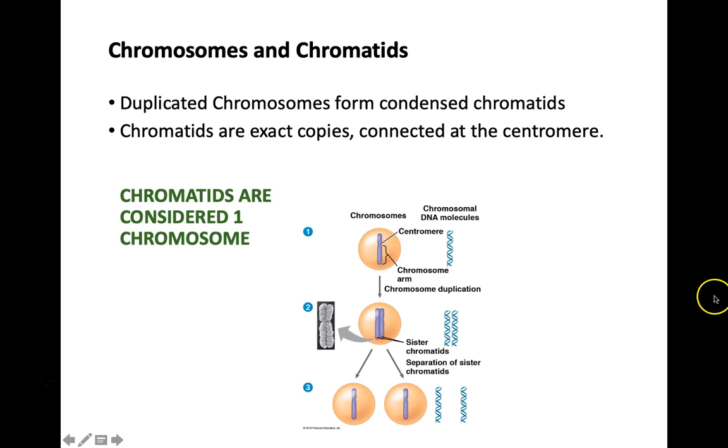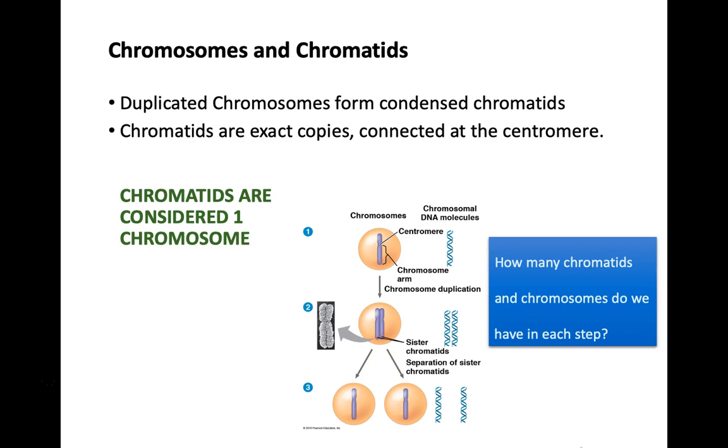We only have one chromosome to start with. You can see that very easily, one chromosome here. But we count our chromosomes based on the number of centromeres. So when we get down here to number 2, we have sister chromatids. But think about what I just said. We count chromosomes based on number of centromeres.